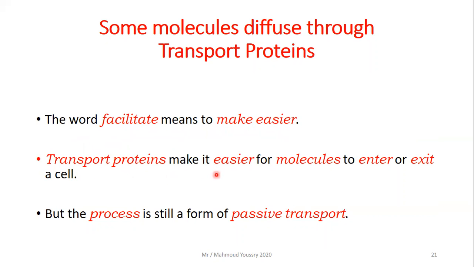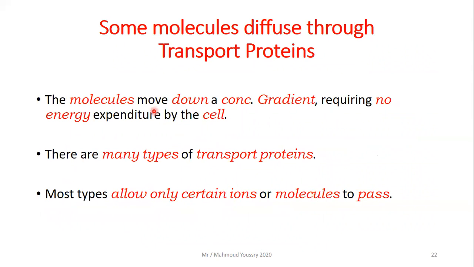Transport proteins make it easier for molecules to enter and exit a cell, but this process is still a form of passive transport, so it does not use energy. The molecules move down a concentration gradient, requiring no energy expenditure by the cell. There are many types of transport proteins.